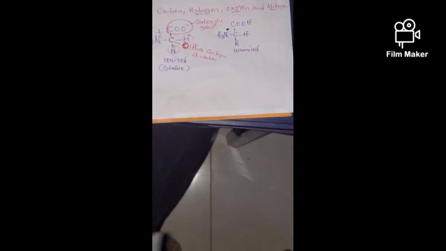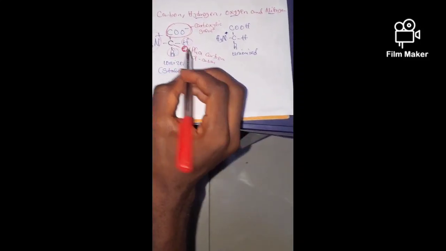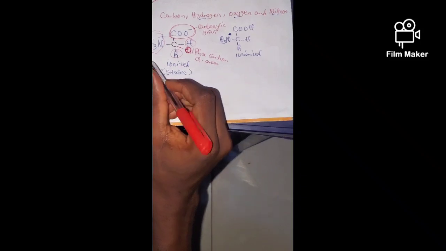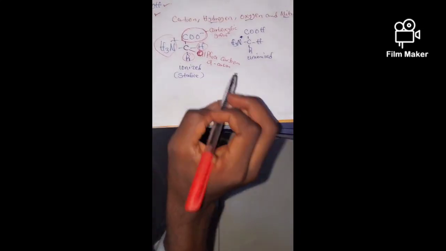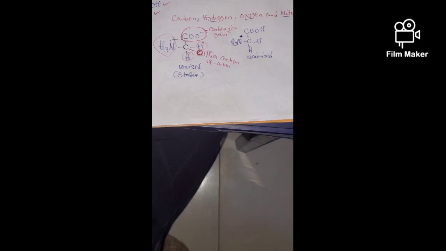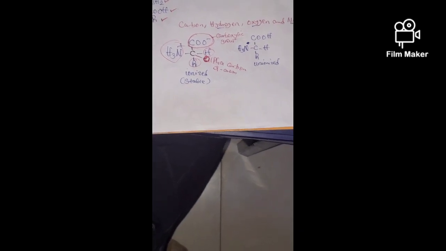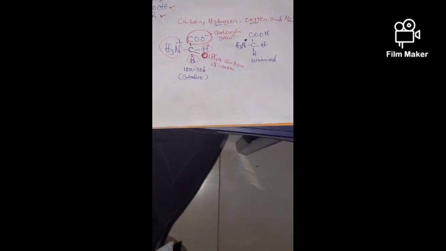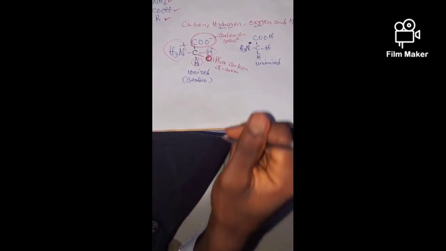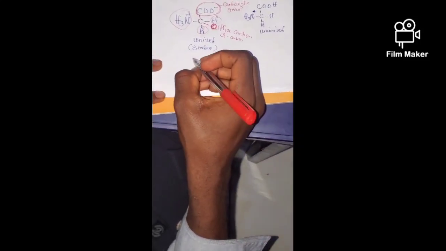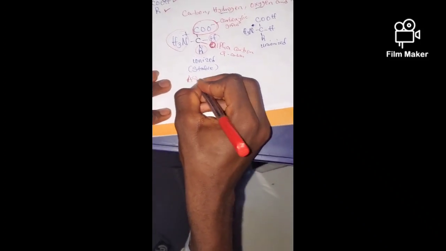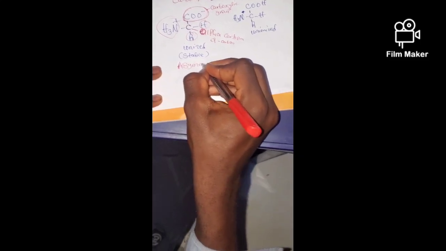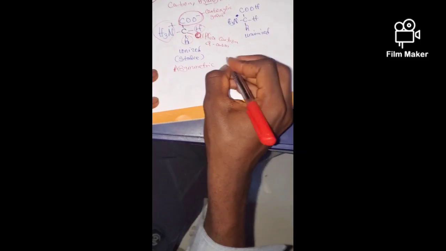So in most amino acids, we have 4 different constituents attached covalently to this alpha carbon atom, and that establishes what we call the asymmetric properties of amino acids.